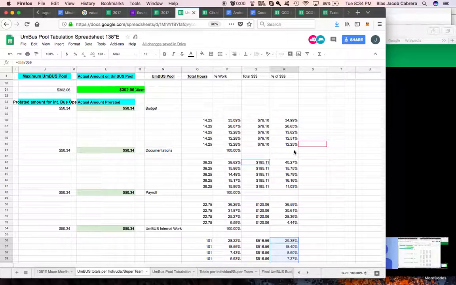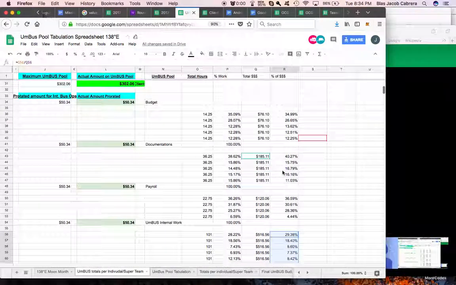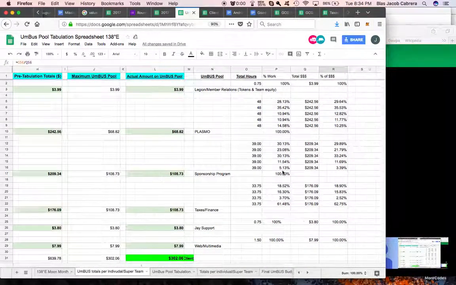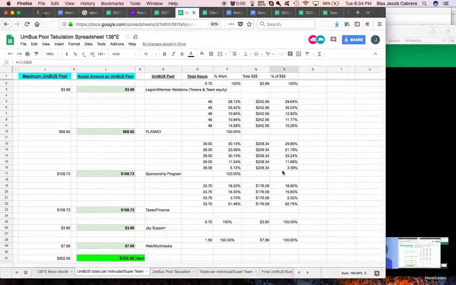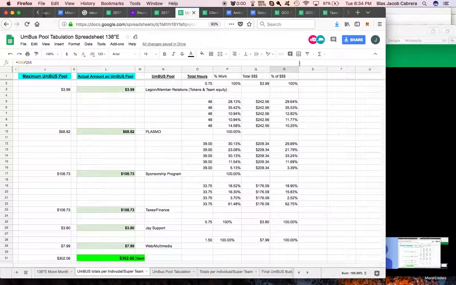For example, let's say Miguel was here making $7 an hour. It would be even bigger percentage differences. So we do this to make it fair for everybody, regardless of the amount of money per hour that you're working, so that it averages between total hours and total money and makes it fair for everybody. So then here we're going to create a line and do the actual final calculations.